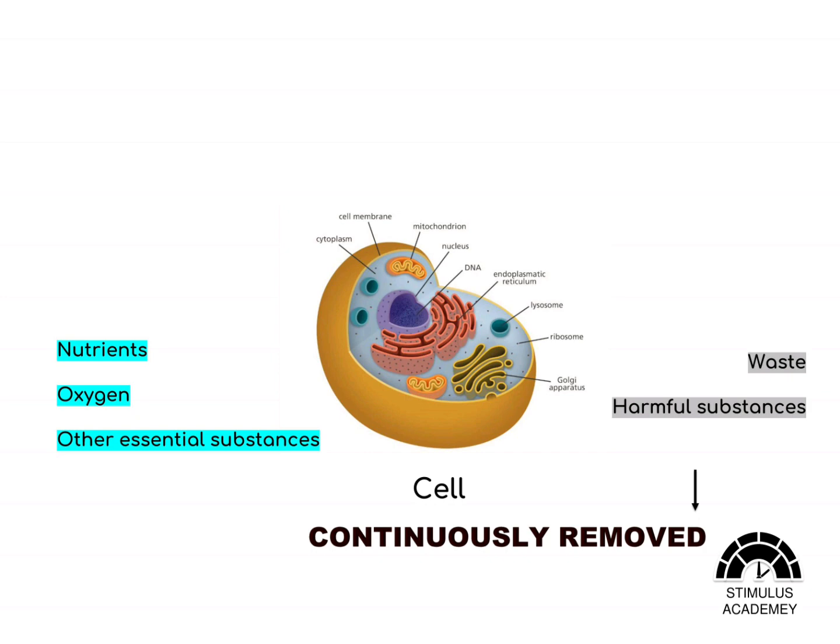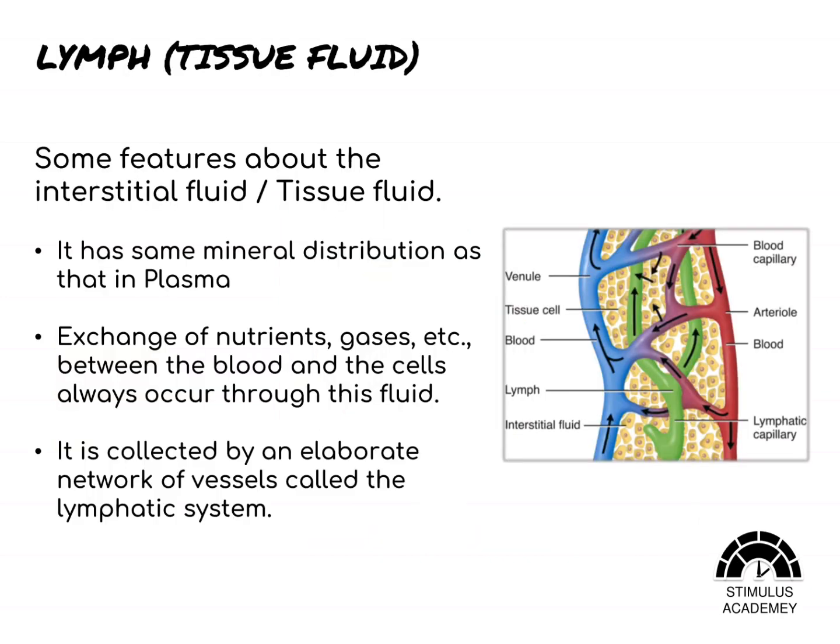If you remember, I have taken this slide from the first part of the chapter. After the exchange of nutrients and gases has taken place between the body cells and the fluid, now it needs to be collected back. It is collected by an elaborate network of vessels called the lymphatic system.